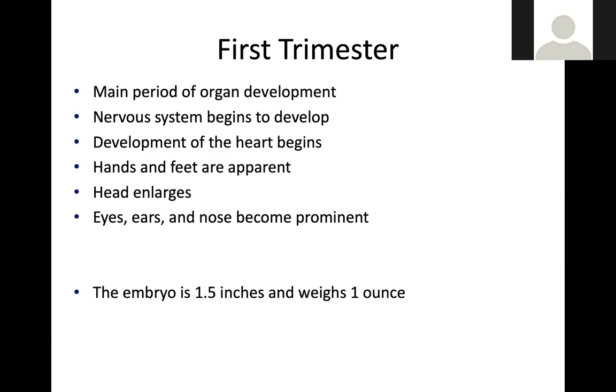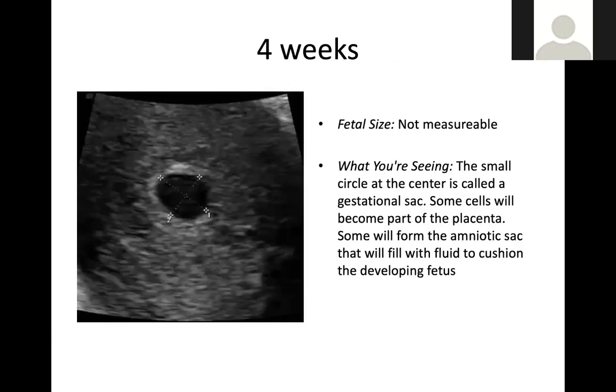So most of the time, if you see an ultrasound at like 20 weeks, the head looks really big. Eyes, ears, and nose become prominent, and the embryo is about 1.5 inches at this time range and about 1 ounce. So 1.5 inches is about like that, okay? And 1 ounce is about a couple paper clips probably. One paper clip is 1 gram, but I can't think of what a gram to an ounce is right now. But it's not very much.